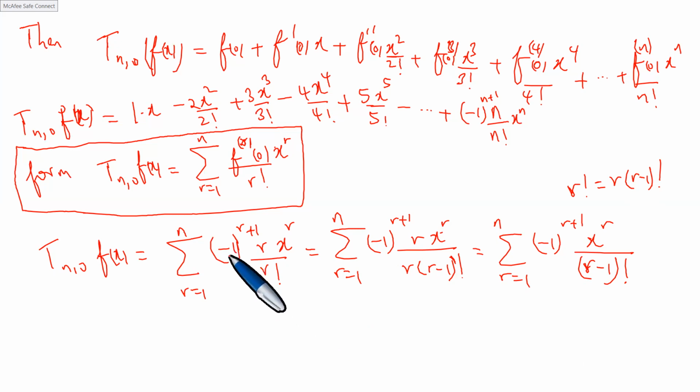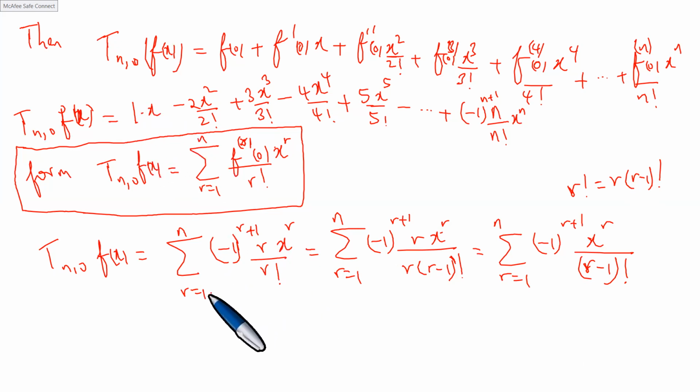Where do we start with this? If r is 1, we're checking if this is the correct sigma notation. When r is 1, you put 1 here, 1 factorial, and then it becomes minus 1 squared, which is plus, and then it's x to the 1.